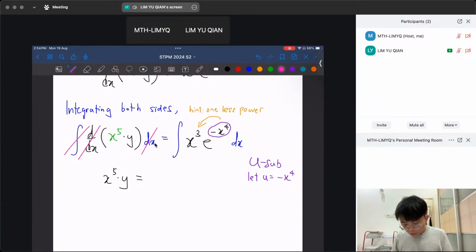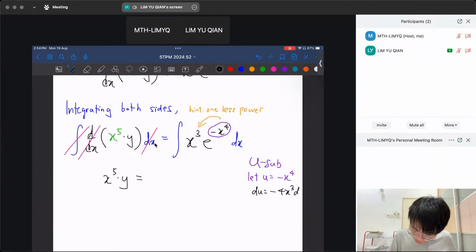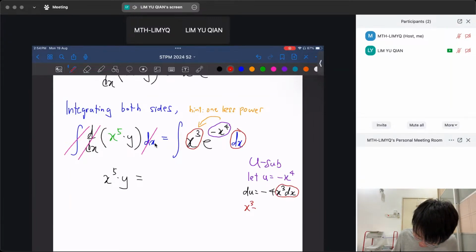If u equals negative x power 4, then differentiate: du equals negative 4x power 3 dx. So x cube dx equals negative du over 4.